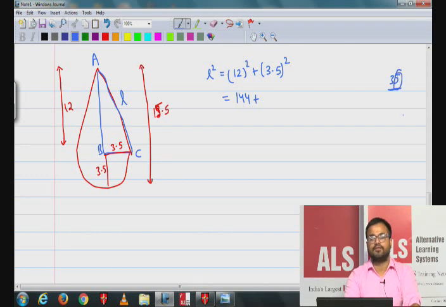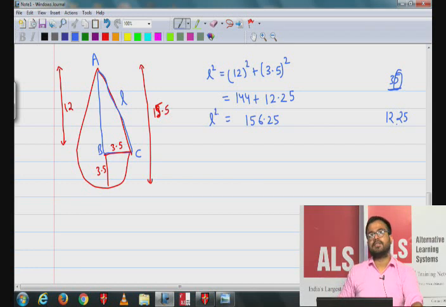Just do the square of 5, which is 25, and for the number 3, what comes after 3? After 3 we have 4, so just multiply 3 with 4, which is 12. So, 12 25, and since it is 3.5, it will be 12.25. Now, just add both of them, 144 plus 12.25, that will become 156.25. So, 156.25 is the L square.